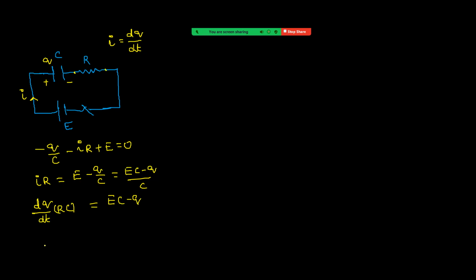So I can write this as dq upon EC minus Q, that is equal to dt by RC.